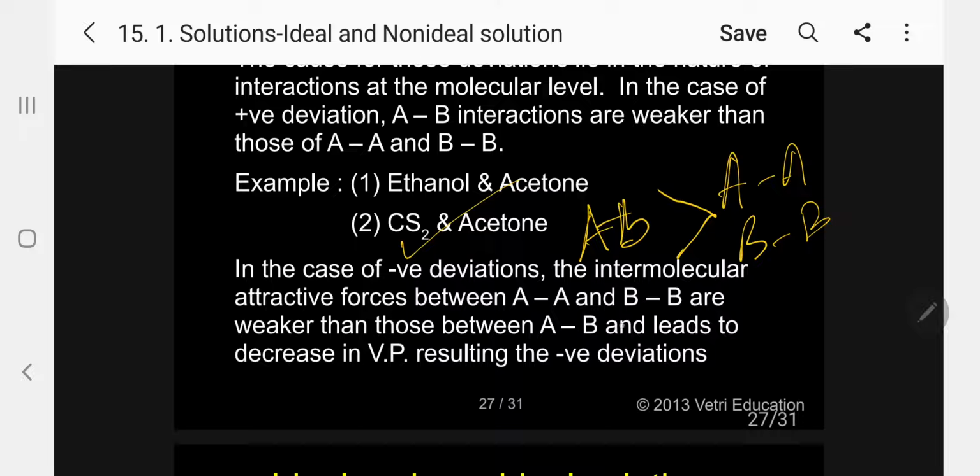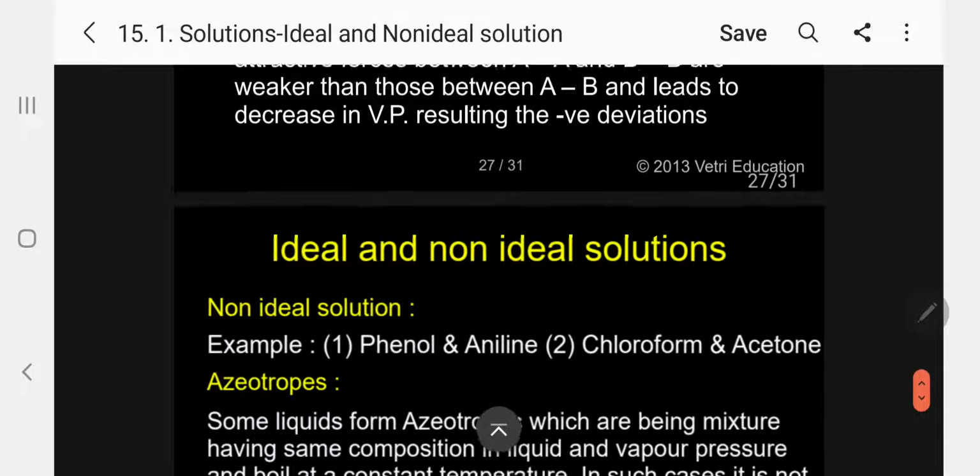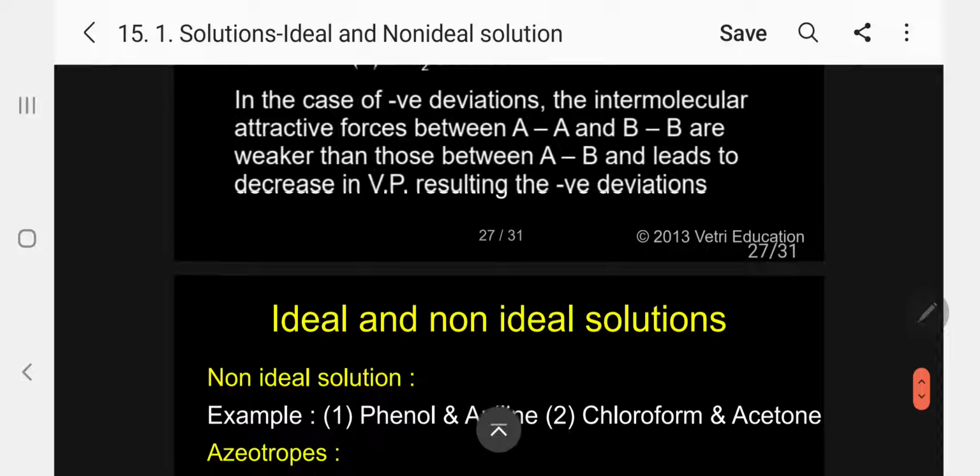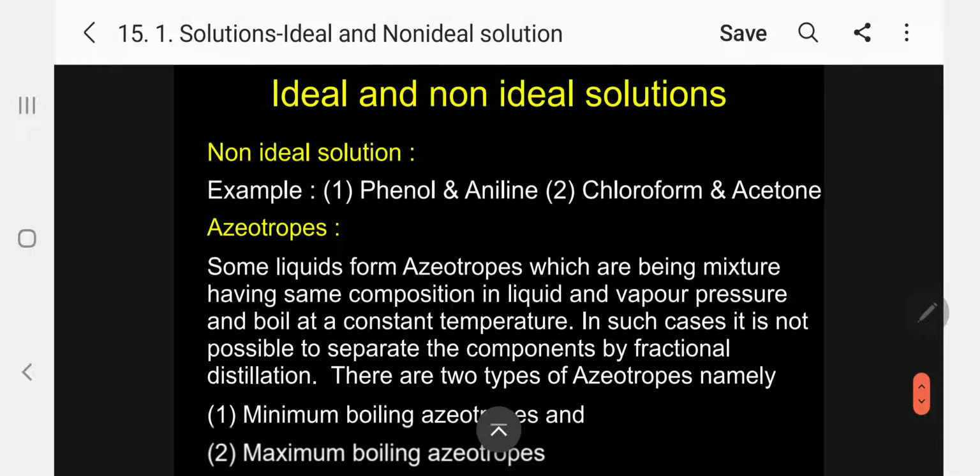So AB is stronger than AA and BB and leads to a decrease in vapor pressure, resulting in negative deviation. Kindly follow. This is the most interesting information. For non-ideal solutions, examples are phenol and aniline, and chloroform and acetone, which are specific examples showing negative deviation.